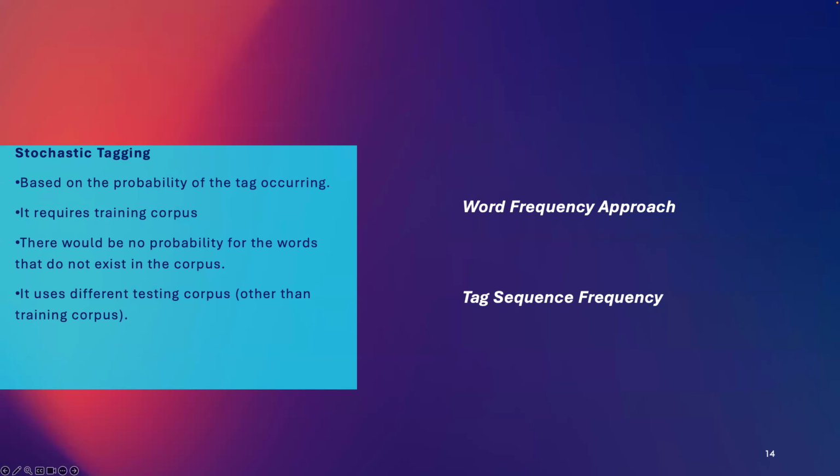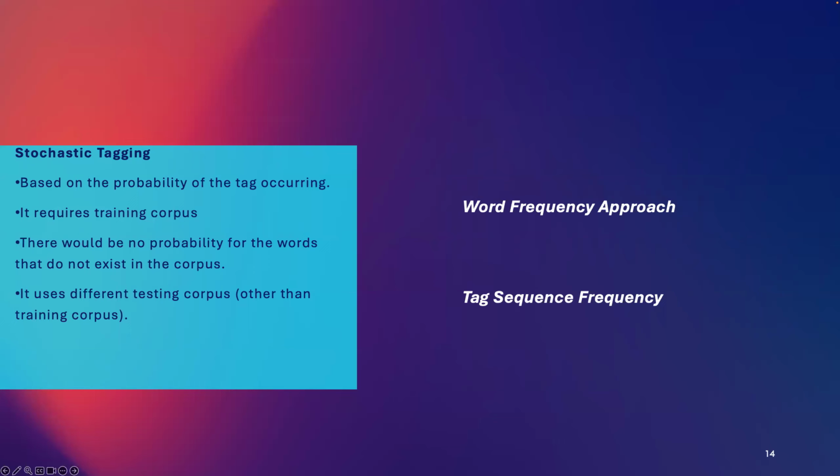Now let's look at another technique. This is called stochastic POS tagging. The question that arises here is which model can be stochastic? A model that includes frequency or probability can be stochastic, right?